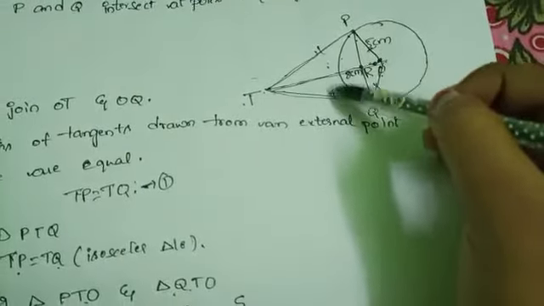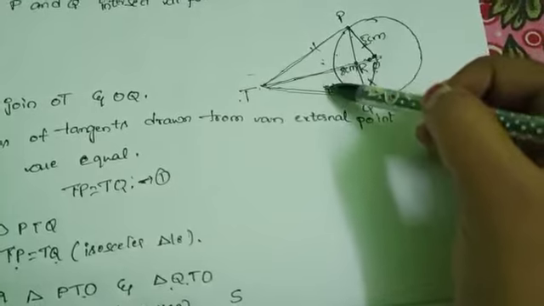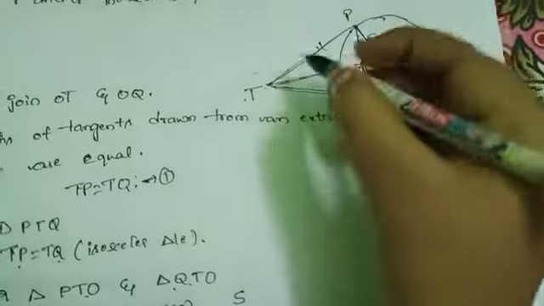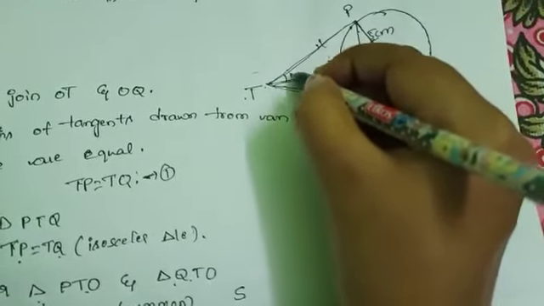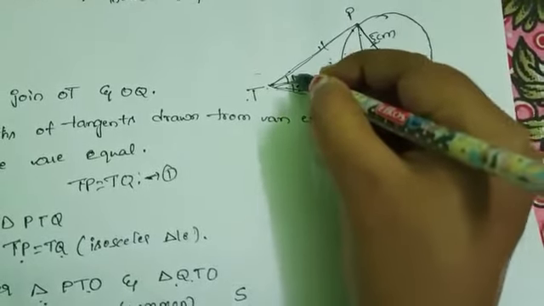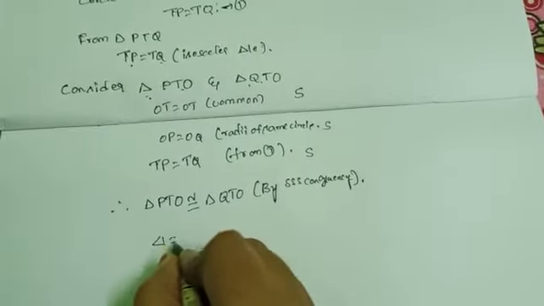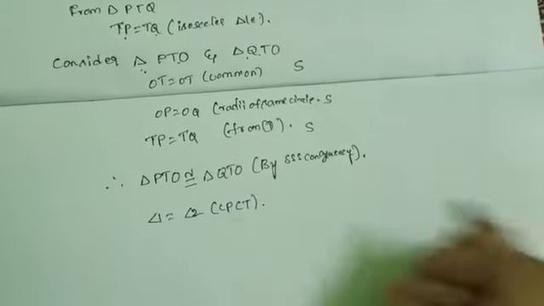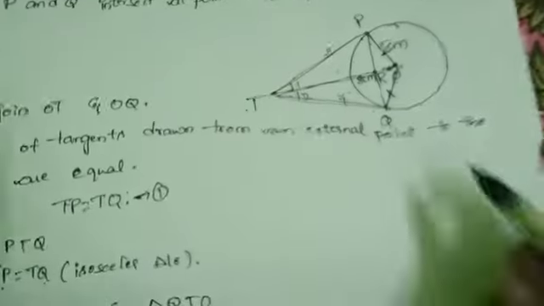These two triangles are congruent, so corresponding parts of congruent triangles are equal. Let this be angle 1 and this be angle 2. Here angle 1 equal to angle 2, corresponding parts of congruent triangles are equal. See this diagram.